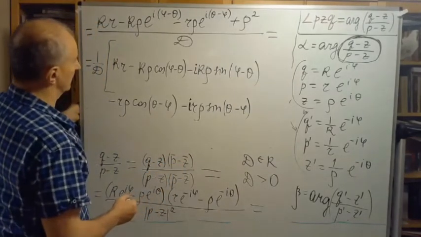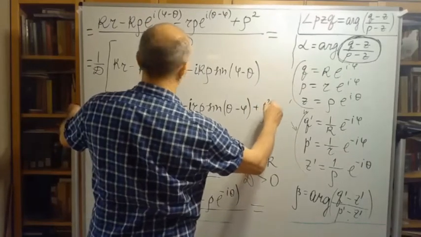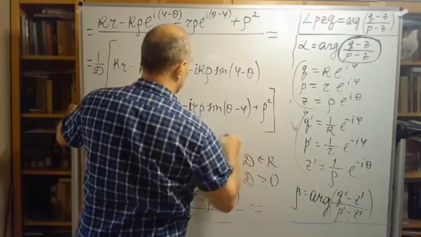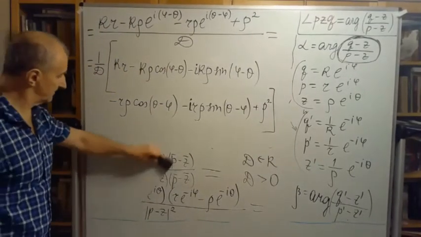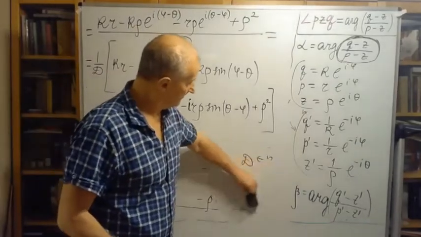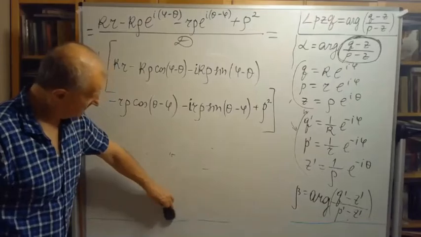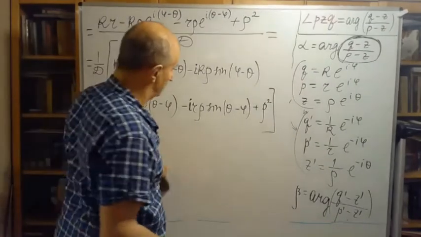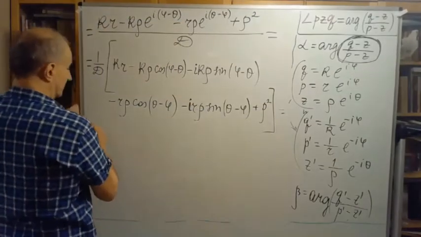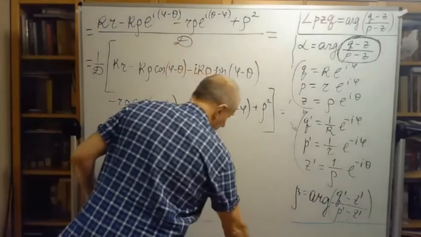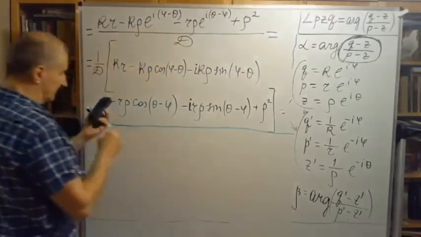There is something I lost: plus rho squared, I will write it there. I think that will be it. Hopefully we didn't make mistakes. Equals. I need some separation line, as it's almost so long, it's easy to make mistakes.